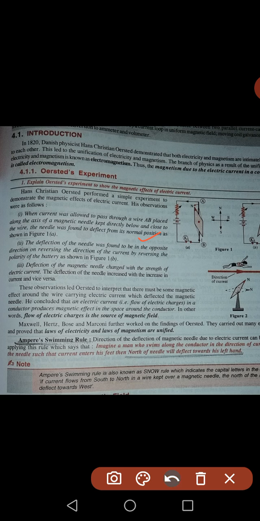That one I already told you. Next, the deflection of the needle was found to be in the opposite direction on reversing the direction of current by reversing the polarity of the battery, as in this case.